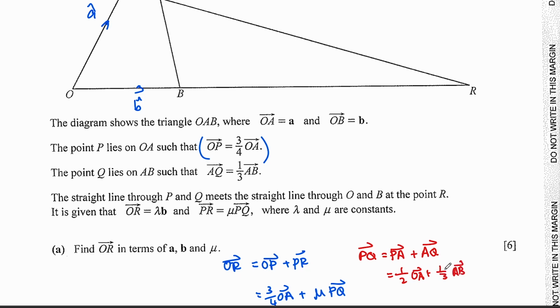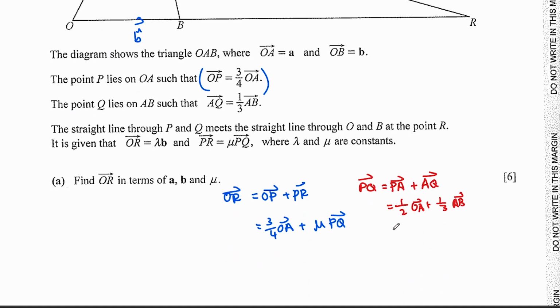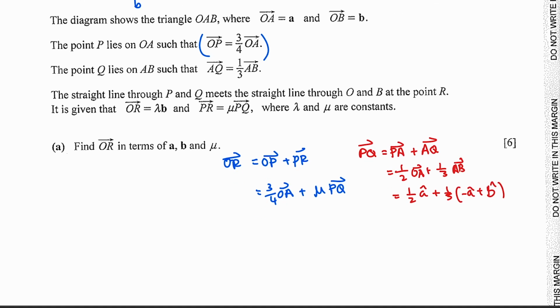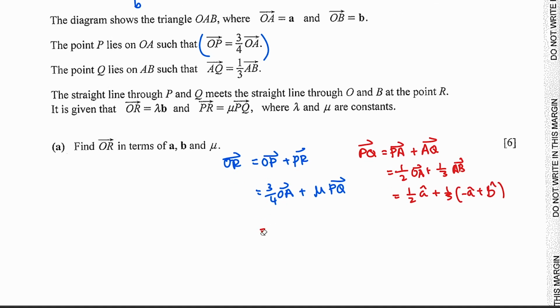And AB will be negative A added with B. So PQ, now we know how to find in terms of A and B. Right, now we can replace this into our equation here.